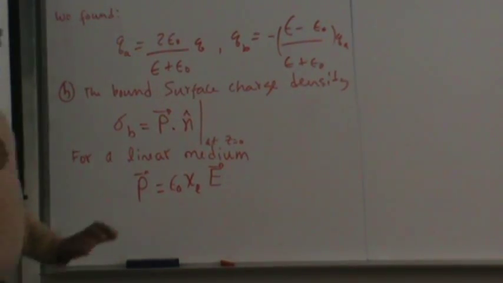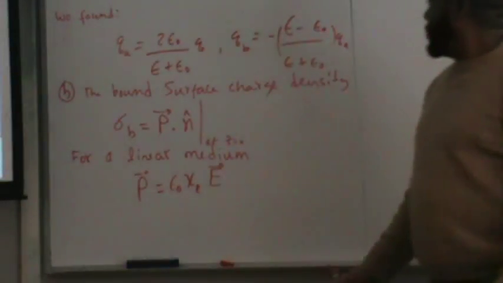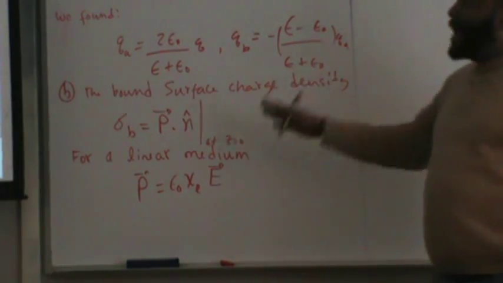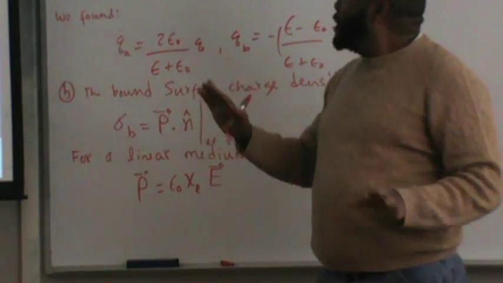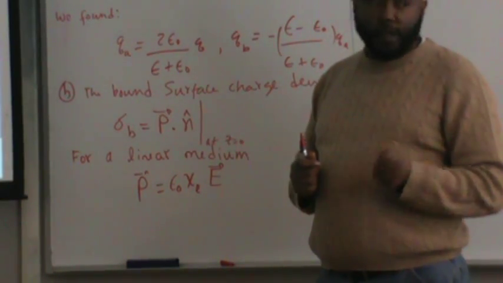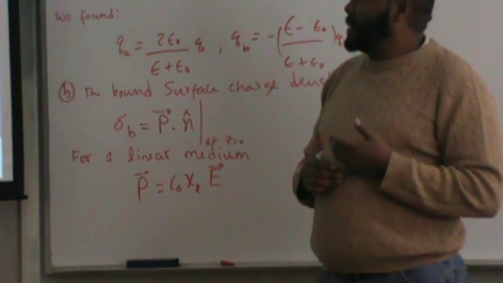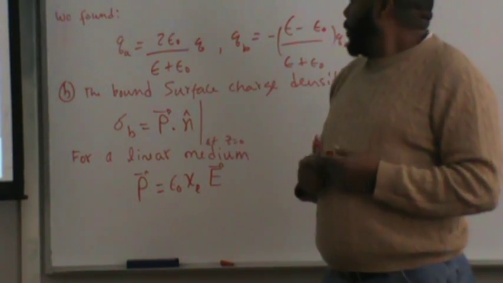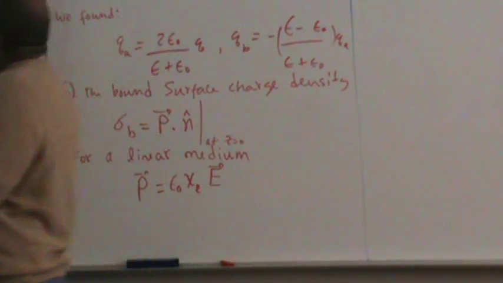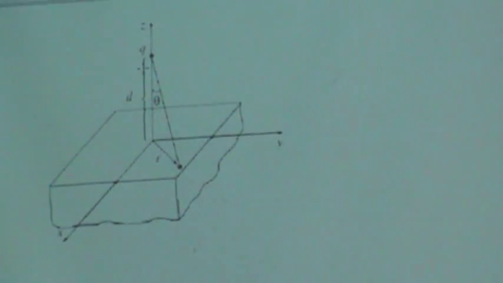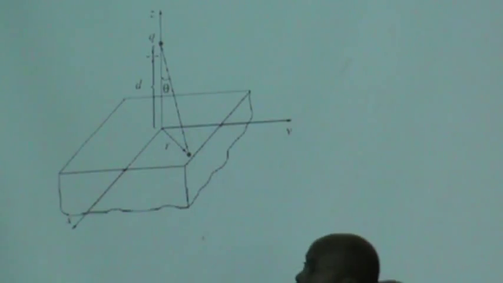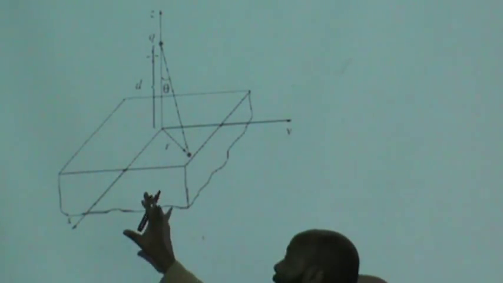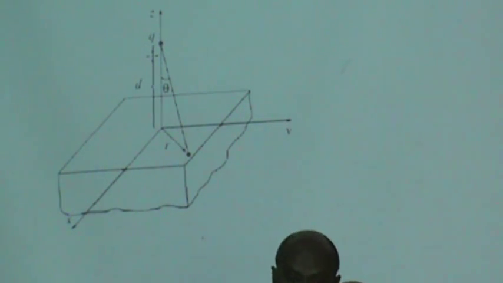But the way I want to do here is just finding the electric field in a different way without using the electric potential, the way that Griffiths did in the textbook. So when we say the electric field on the surface, just forget about the dielectric media and think of the effect of the dielectric media as creating the surface bound charge density, right?